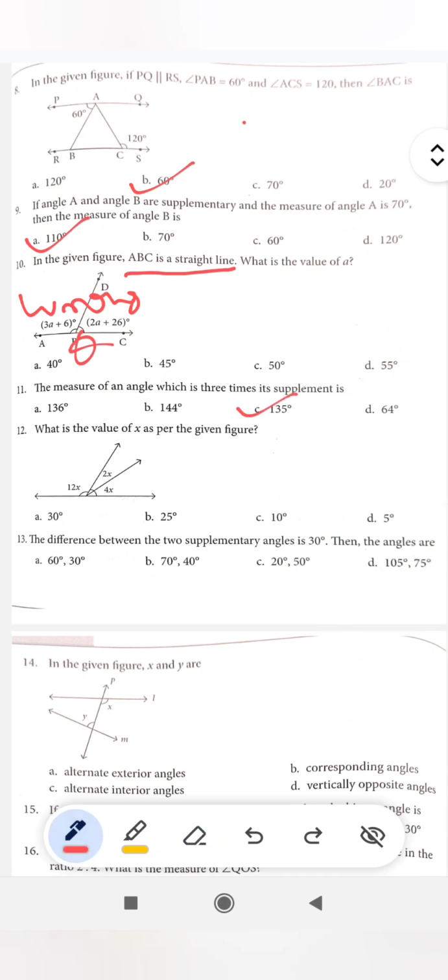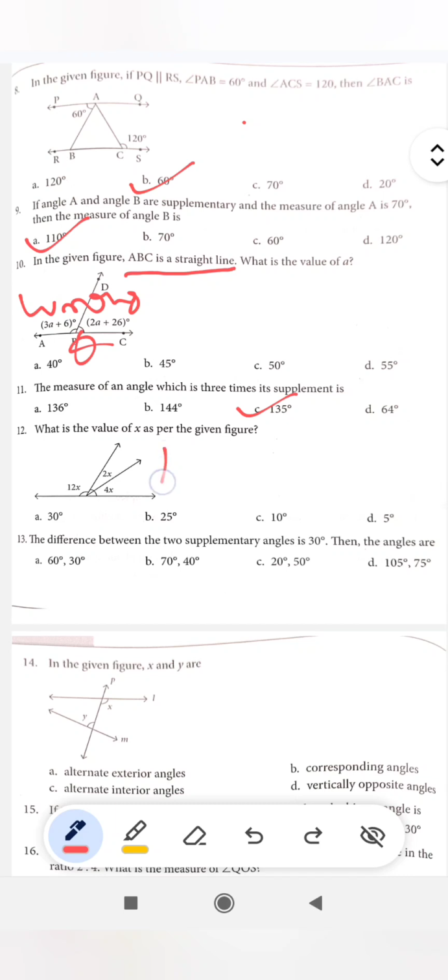135 degrees. What is the value of x as per the given figure? So here you can see that all the three angles lie on a straight line, correct? But they are not a linear pair. Why? They are adjacent angles, meaning 12x is adjacent to 2x, and 2x is adjacent to 4x. But a linear pair means only two angles are adjacent, whereas here three angles are adjacent as they lie on a straight line.